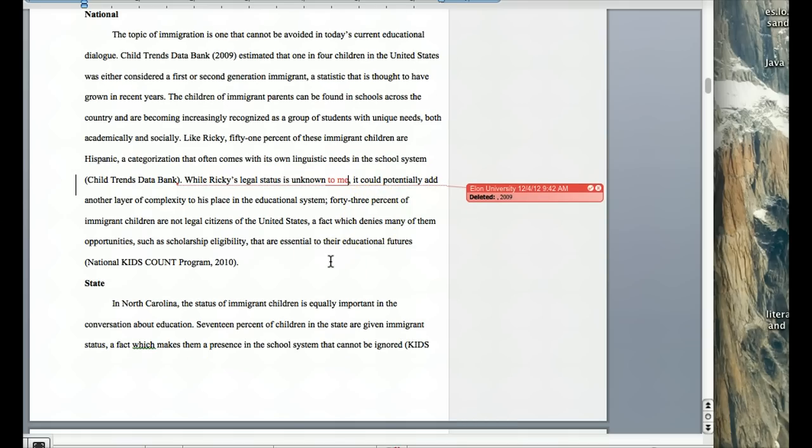So everything that is in this context paragraph is indeed relevant. I would consider adding something about the debate around immigration that is ongoing in our country.